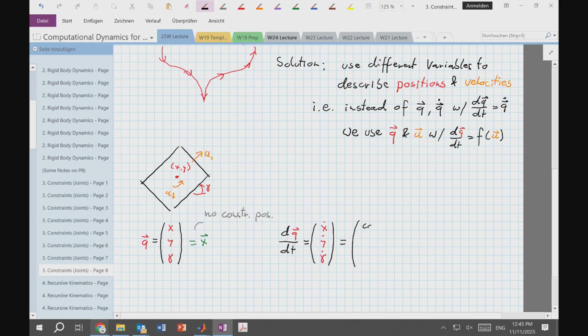So we have cosine of gamma times u1. In the y direction, same story, but now we get sine of gamma u1. And what is gamma dot? u2. Yeah.